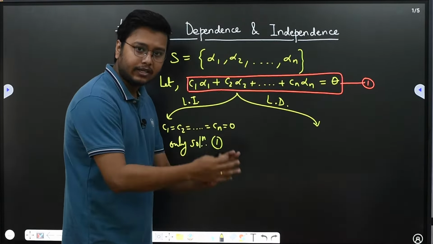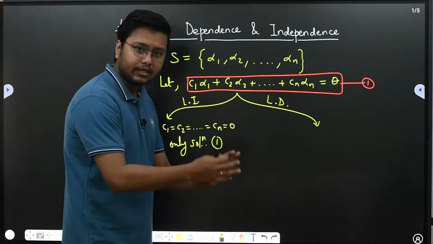Now imagine that T contains the set alpha 1, alpha 2, dot dot dot alpha n, and there are a few extra terms, which are alpha n plus 1, alpha n plus 2, dot dot dot alpha r. These are the extra elements contained in T. The previous ones are coming from S itself.